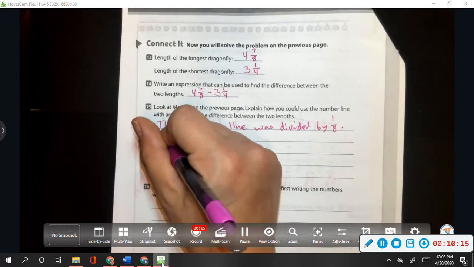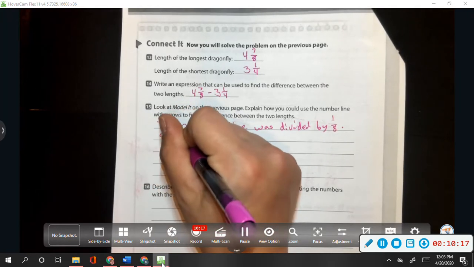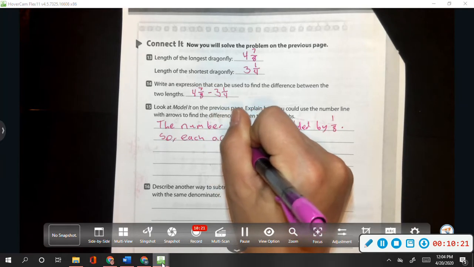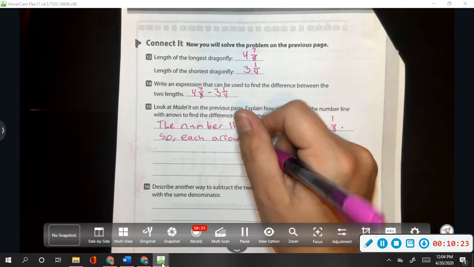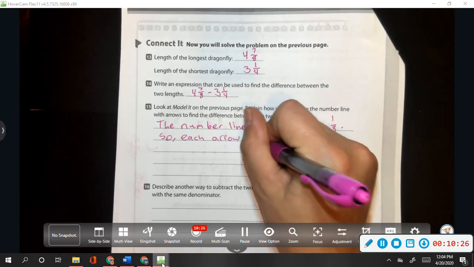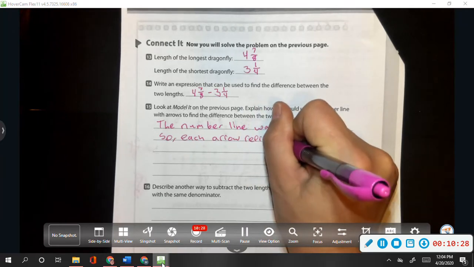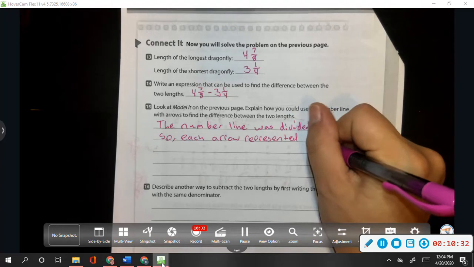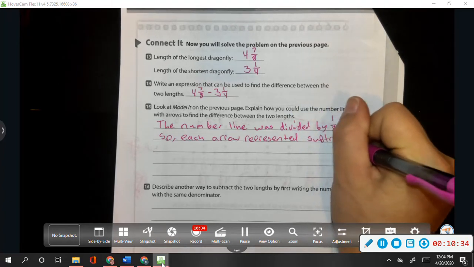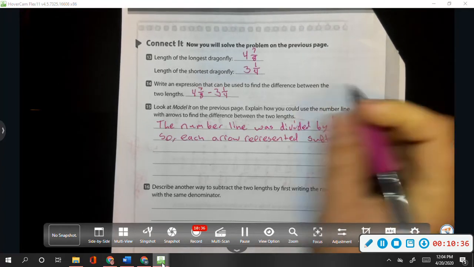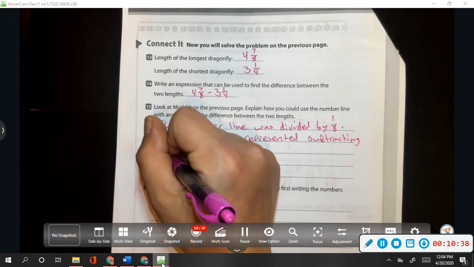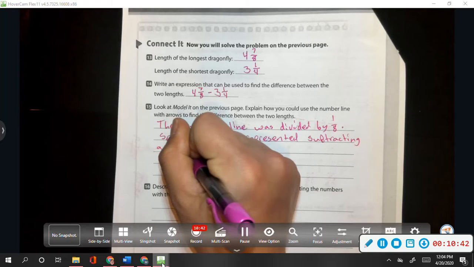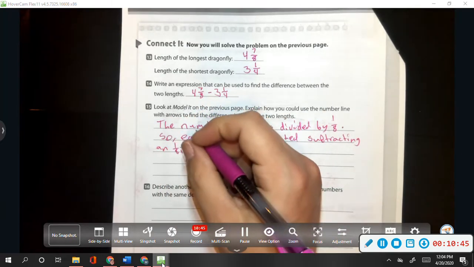So each arrow represented subtracting by what? By an eighth. What was our unit of measurement? An inch, an eighth inch. Let's get that unit of measurement in there.